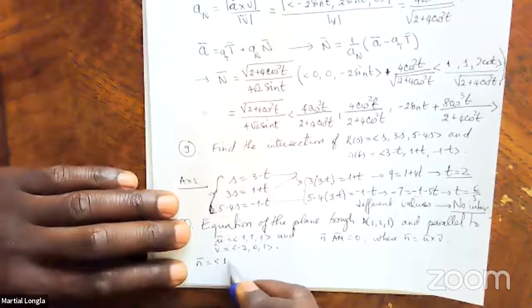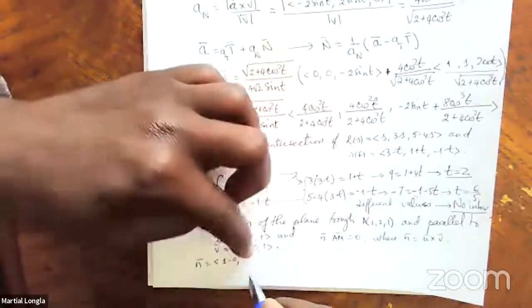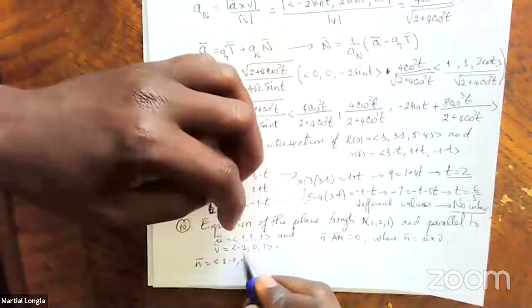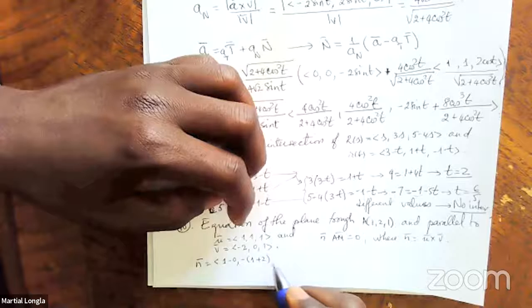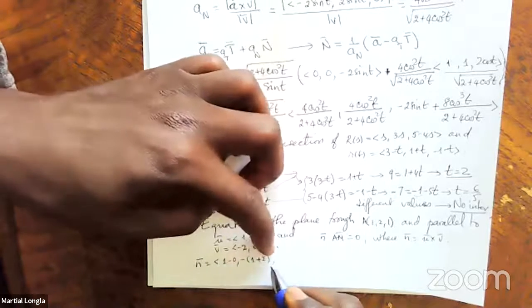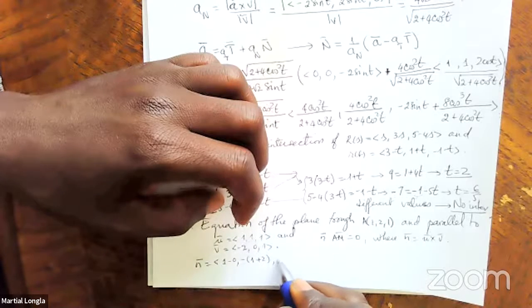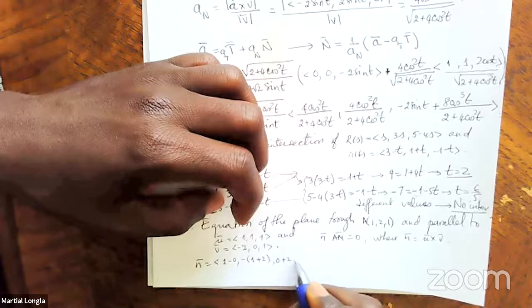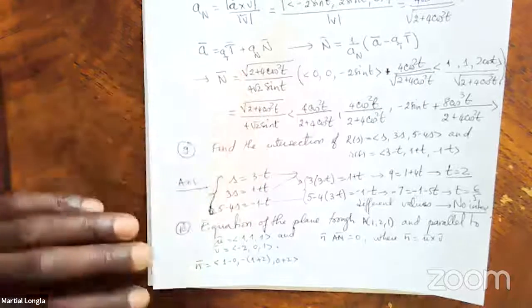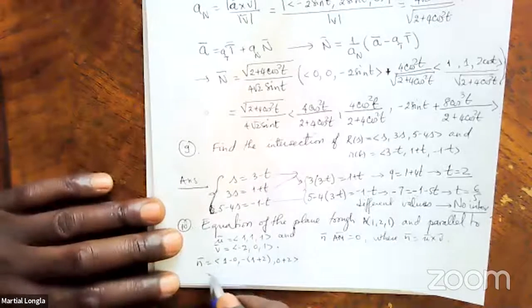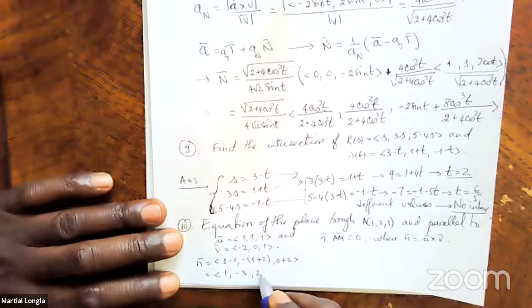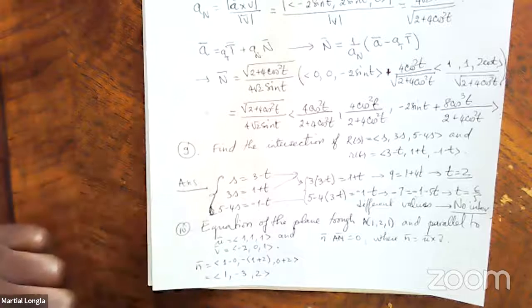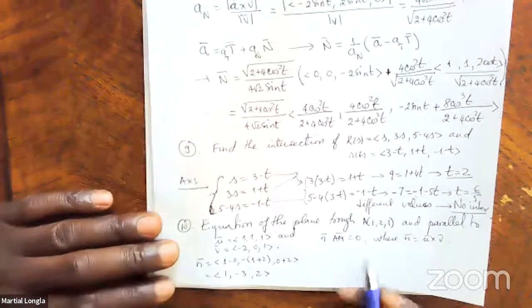That's 1 minus 0, then minus 1 plus 2, and then 0 plus 2. So that's n equals 1, minus 3, 2.